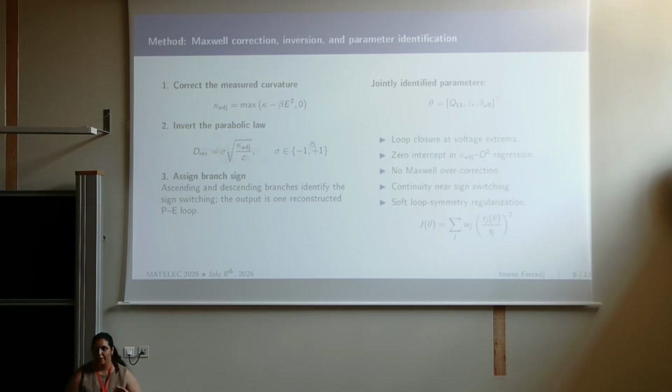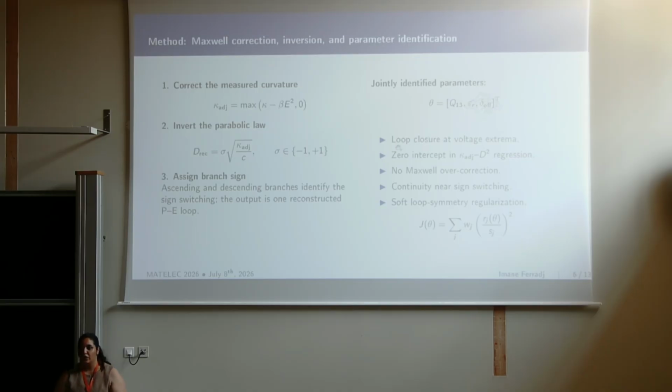Notice that we have a sigma parameter, which is either -1 or +1, and this depends on whether the branch of the hysteresis is ascending or descending. And so jointly, what we do is that we have parameters that are unknown, such as Q13 and εr, and a small gap that we define.